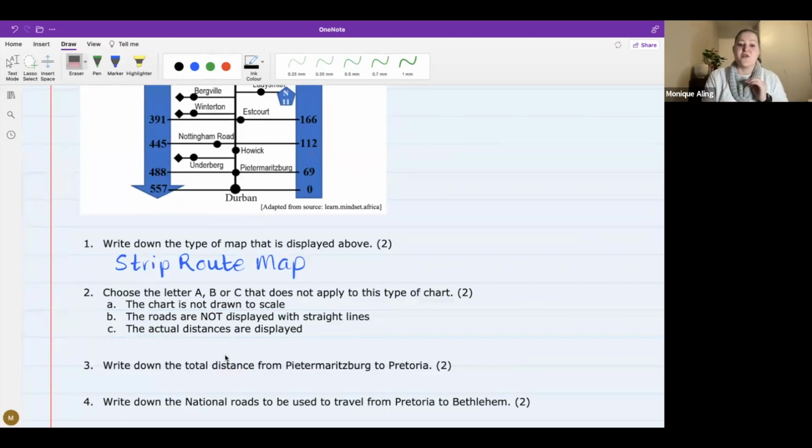So which one is not true about strip route maps? Any other options? It's a bit tricky, and it's the English that's getting us here.